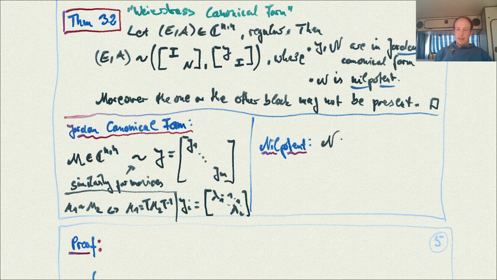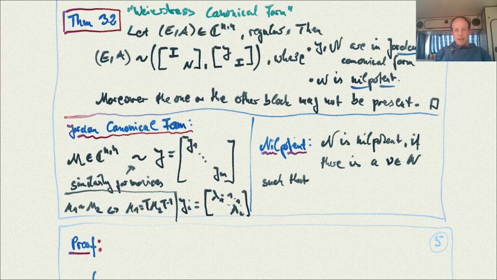N is nilpotent if there is a natural number nu such that N to the nu is 0 and N to the nu minus 1 is not 0.